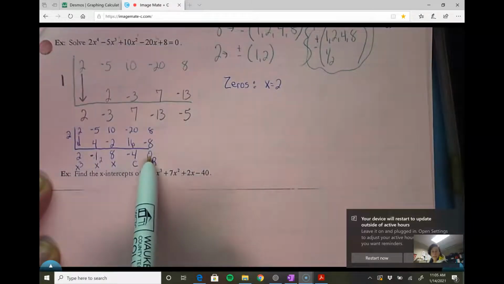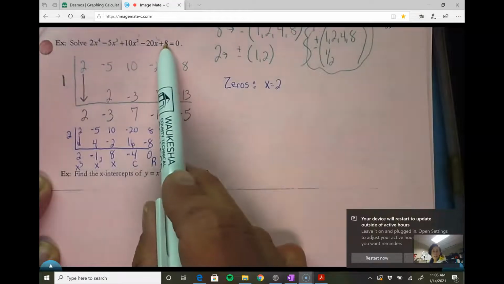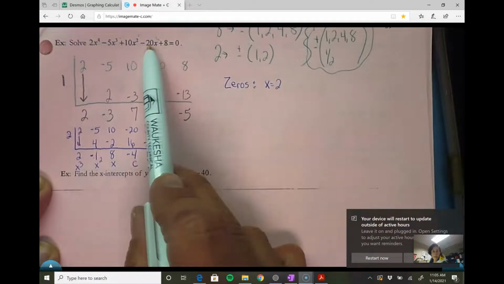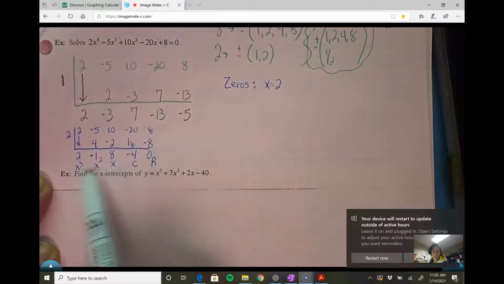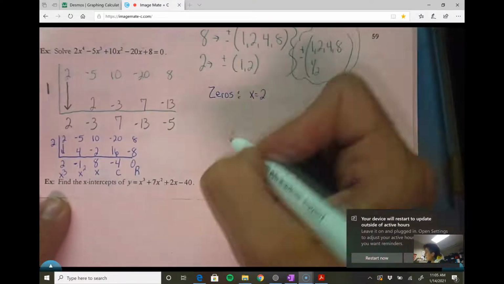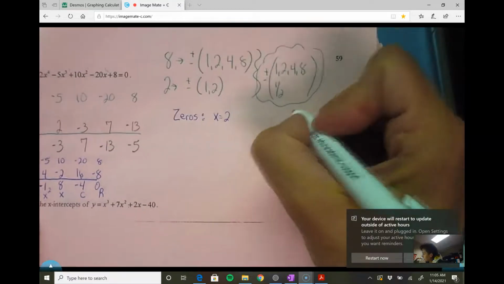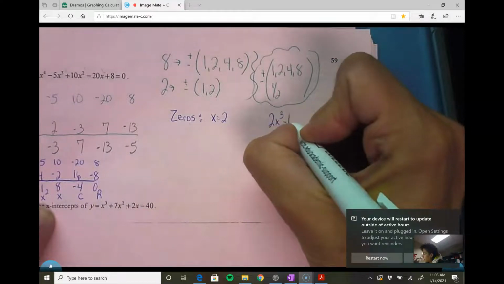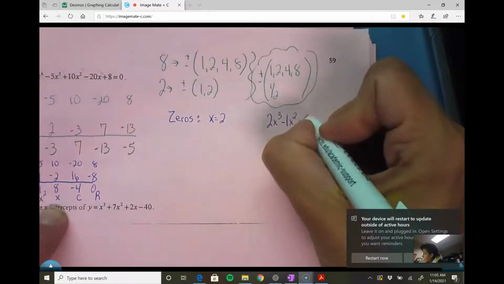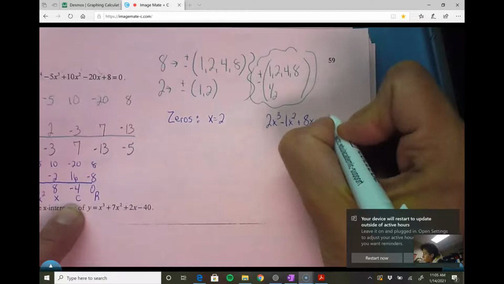And again, the last is always 0. And then you get just a number, you get x squared, x cubed, x fourth, and I'm just building that up. So I'm going to rewrite that over here. And so I'm going to write 2x cubed minus 1x squared plus 8x minus 4.